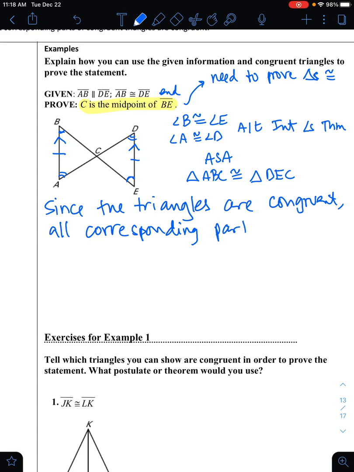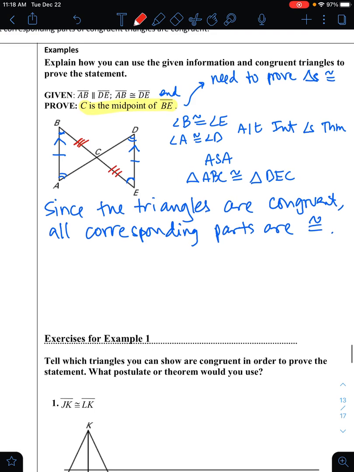Okay, so what that means is I can now go on, and let me change up my colors here. Even though I didn't talk about this in the proof, I know that BC is congruent to CE, and I know that because the triangles are congruent. All of their individual pieces are congruent. I also know that AC is congruent to CD.